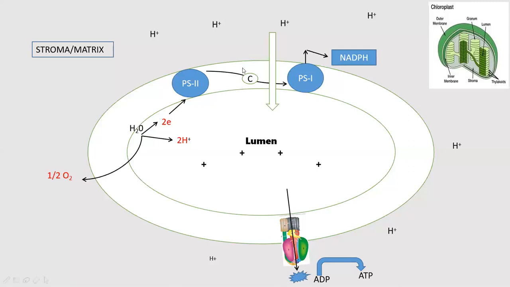This energy helps in the transport of protons from stroma to lumen, which means this energy pumps the protons or hydrogen ions from the stroma, or matrix, to the lumen part. So this is the second reason why the proton accumulation takes place in the lumen part.